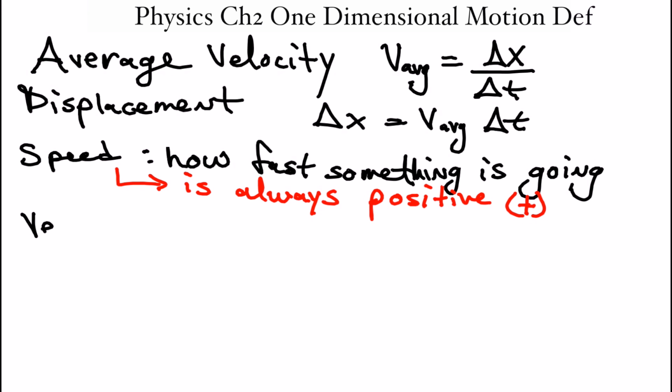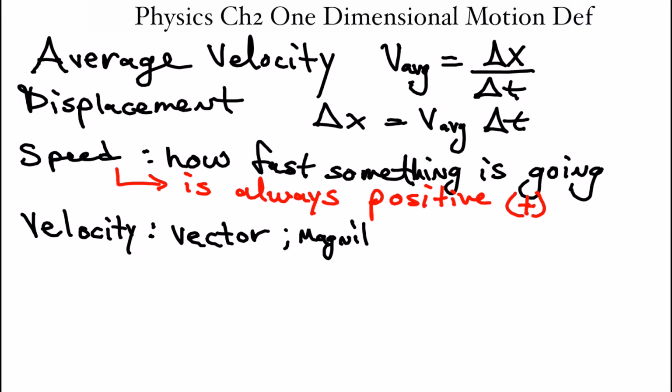Now if you see the word velocity, velocity is a vector. We'll learn about vectors later in case you don't know about them yet. Vectors contain magnitude and direction. What does this mean?